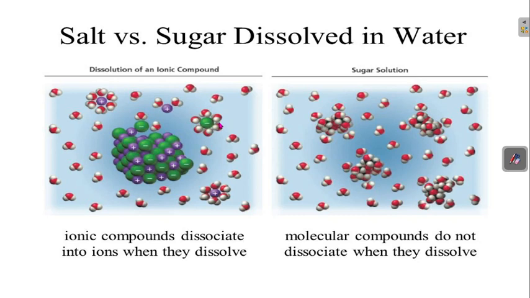So ions come apart. When you have a polar covalent molecule, the whole molecule is surrounded by water according to likes. The negative side of the molecule is surrounded by the hydrogens of the water, the positive side by the negative side of the water, which is the oxygen. But the whole molecule remains together. The covalent bonds have not been broken by the water. And you need to know that.